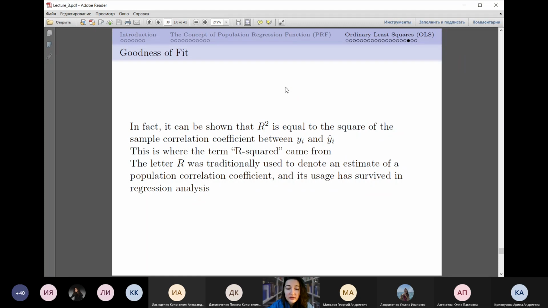It's not true, because you cannot derive such a conclusion from just R squared. This would be a real big mistake.